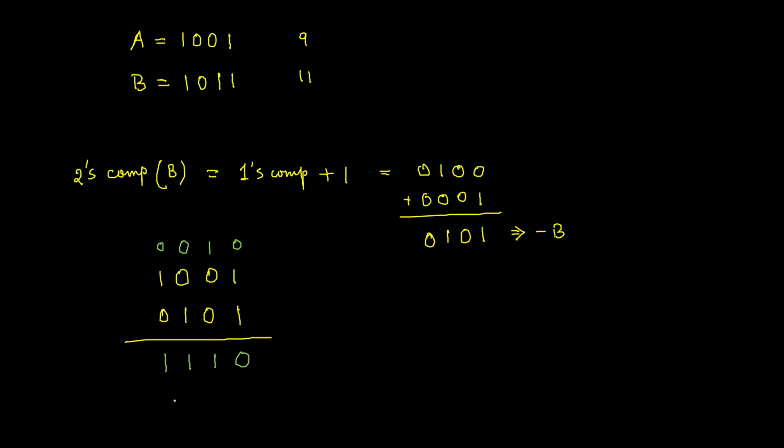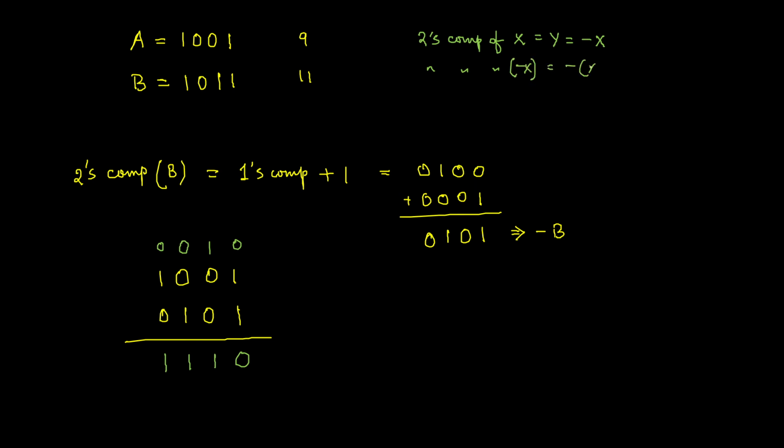Now what is the original value? To find the original value you have to do the 2's complement of this again. What I mean to say is that if 2's complement of, say for example, x is equal to y, which is basically equal to minus x, then 2's complement of minus x means what?